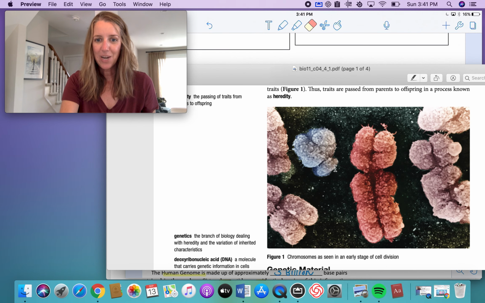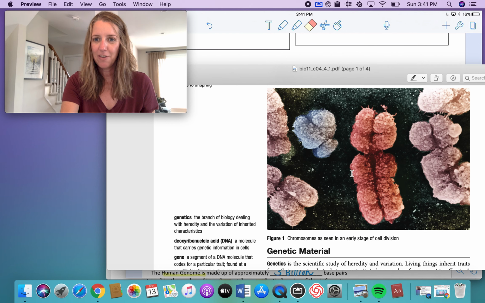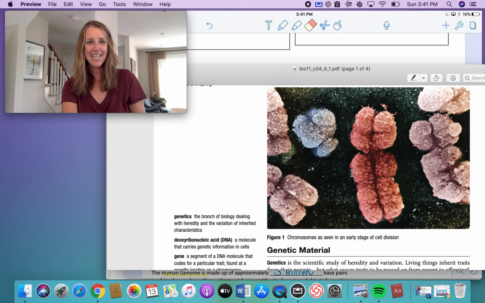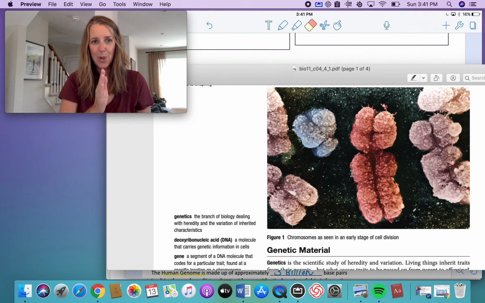That was the first diagram I wanted to show you from your textbook. The next one I wanted to show you is from the grade 11 textbook. Can you see that that is a chromosome that is duplicated or replicated, and that's actually what it looks like when it's at a certain stage of cell development. It condenses down and it's filled with genetic material.